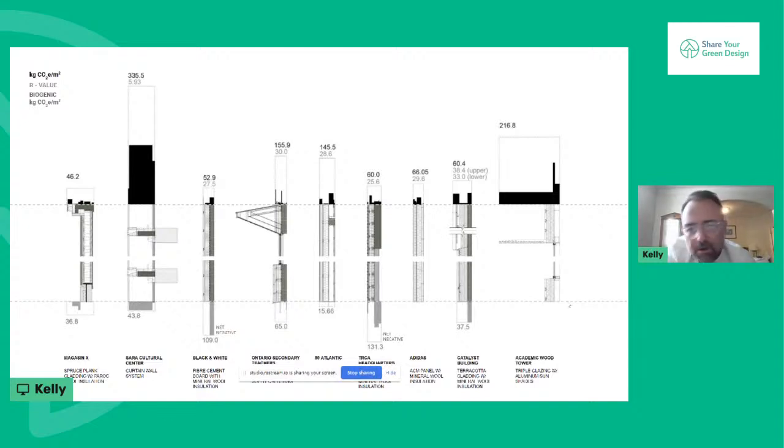You can see here on the left a dual glazed system or double skin. But then the ones toward the other end are potentially net negative because they have so much wood fiberboard and CLT and even cedar shingles in the TRCA project there, doing everything possible to lower embodied carbon and potentially be a net negative.